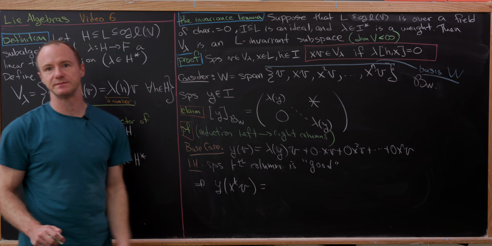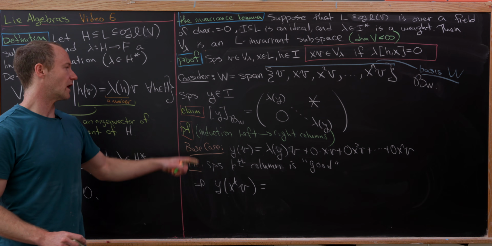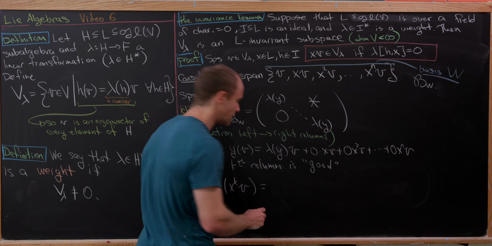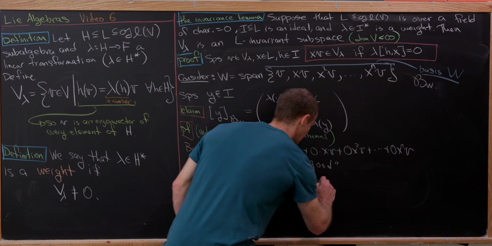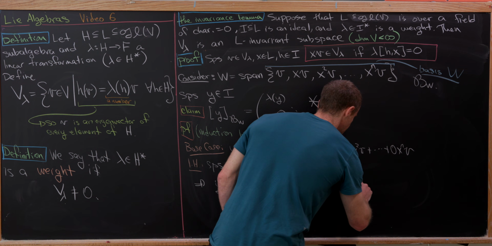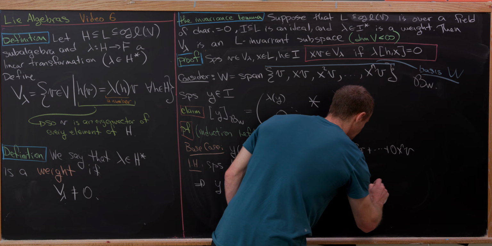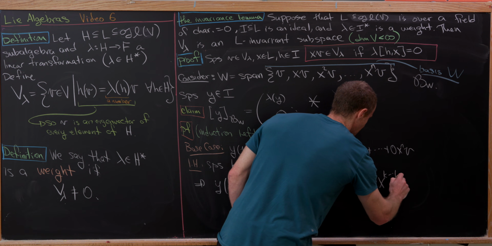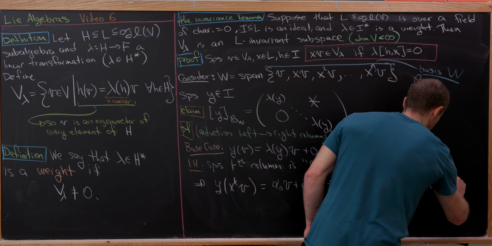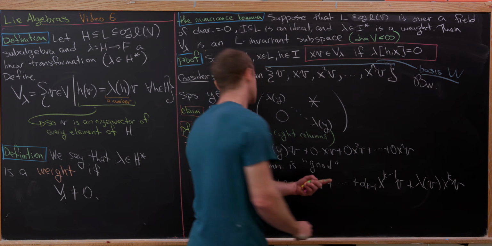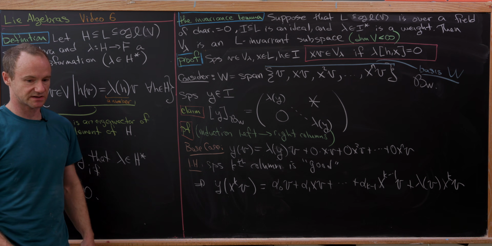Well, that's really what it means to be upper triangular, with respect to this basis. So in other words, it's equal to alpha naught times v plus alpha 1 times xv all the way up to alpha k minus 1 times x to the k minus 1 v, and then plus lambda of v times x to the k v. So that's our induction hypothesis.